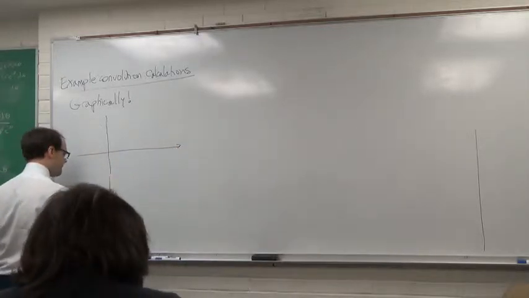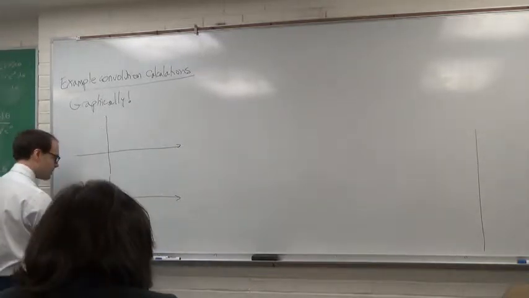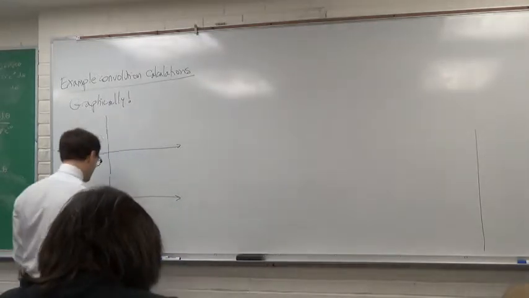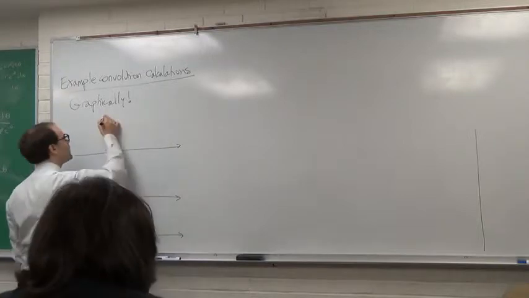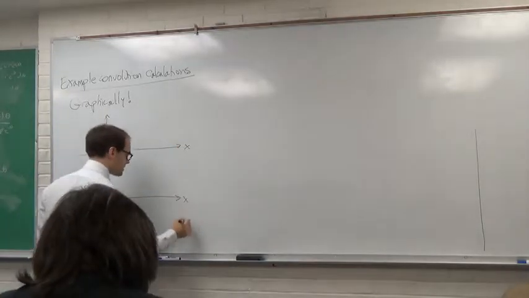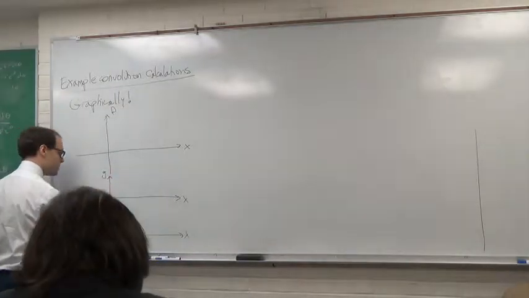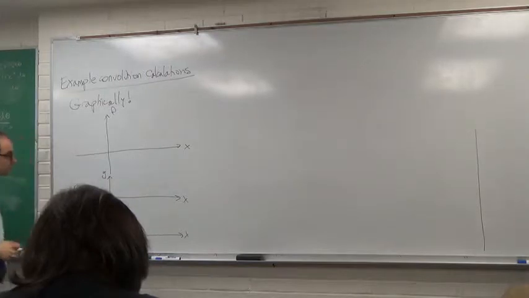It's useful to have some scale diagrams for this sort of thing. So I'm going to write, this is going to be x, x, x, this is going to be f, this is going to be g, and this is going to be f convolved with g.